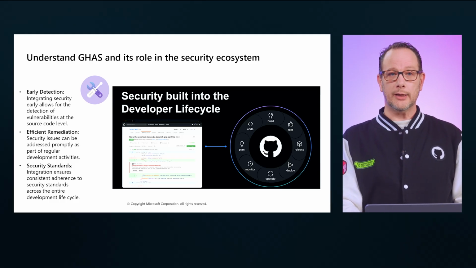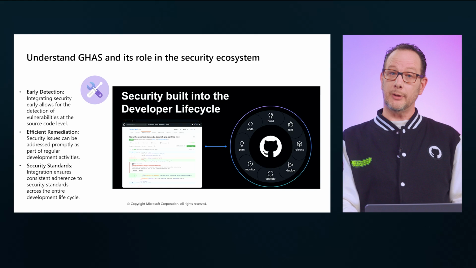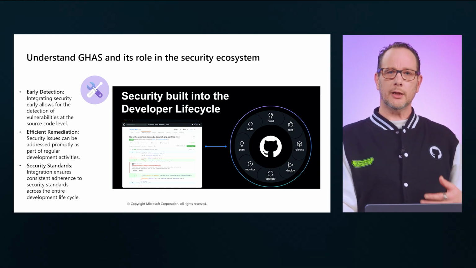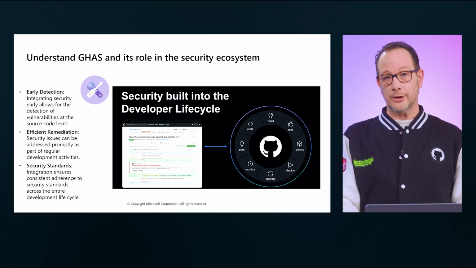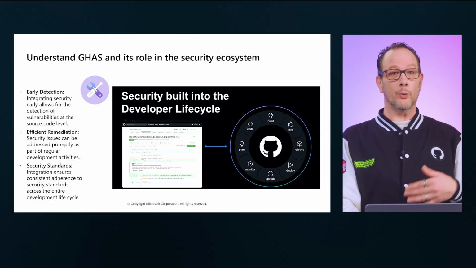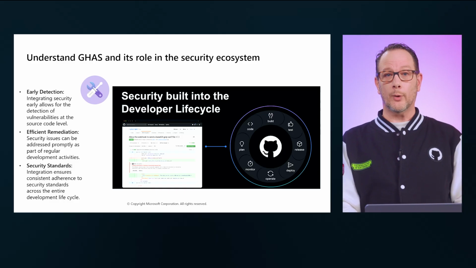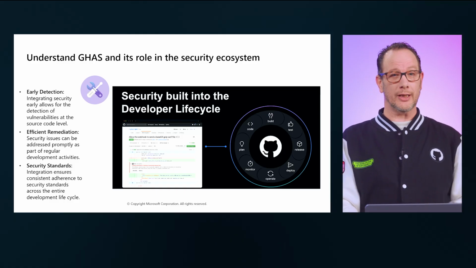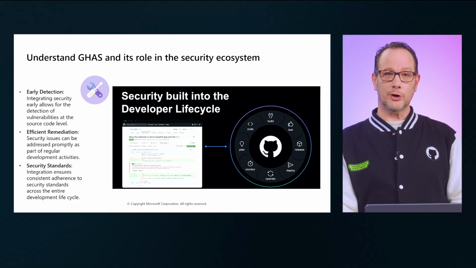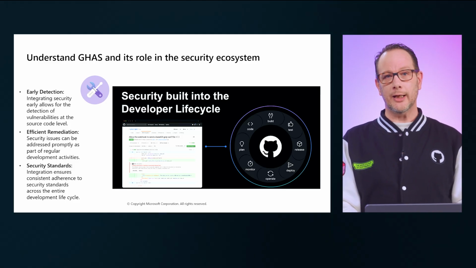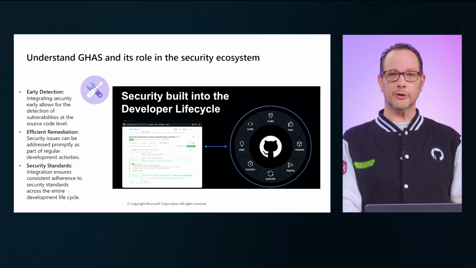GitHub Advanced Security can also help with efficient remediation. This means that security issues can be addressed promptly as part of your regular development activities, reducing the time and effort required to understand the actual context of the given issue. And then next, GitHub Advanced Security also helps with integrating consistent security standards.